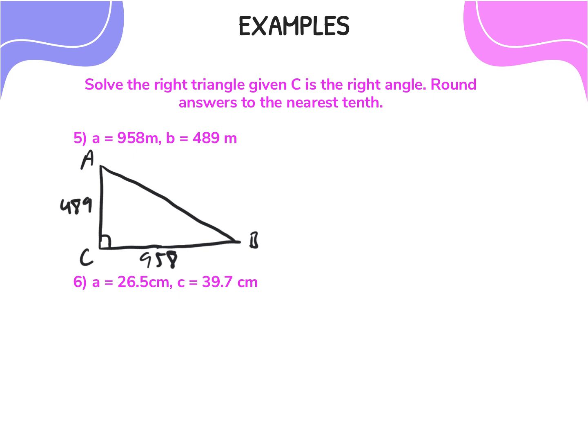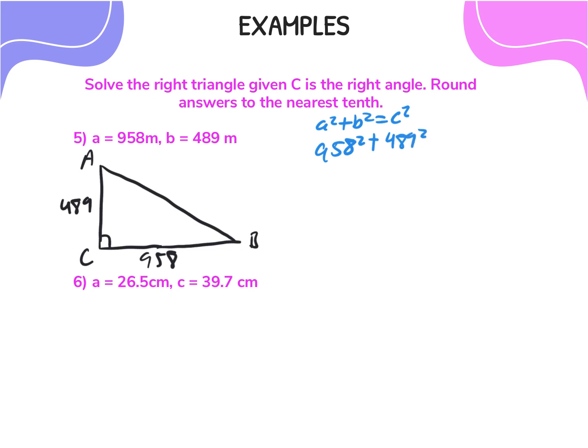With this information, I can find side C, my hypotenuse, using the Pythagorean theorem. A squared plus B squared equals C squared, so that's 958 squared plus 489 squared.